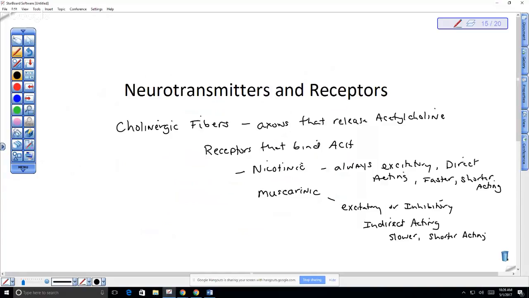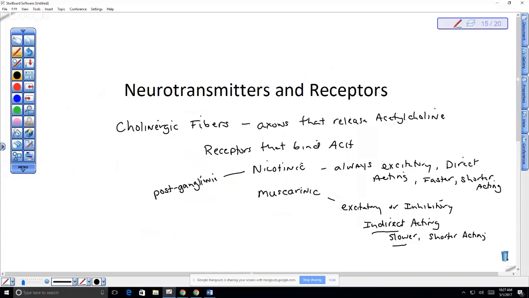Nicotinic receptors would be on the postganglionic cells. It is slower but shorter acting than norepinephrine. It's slower, it's indirect.